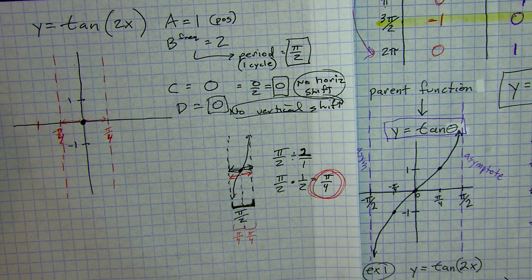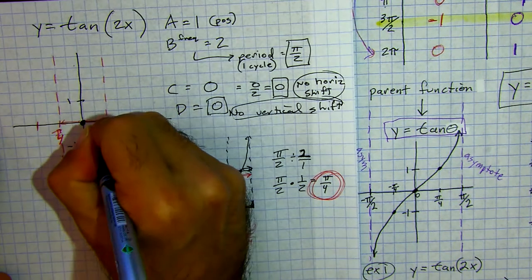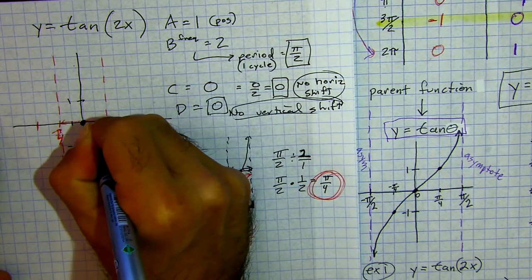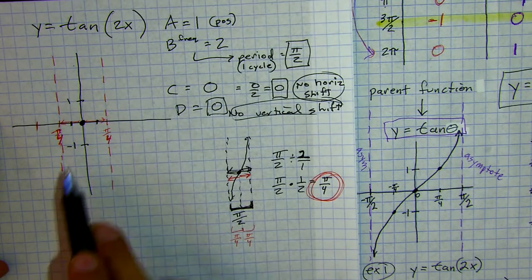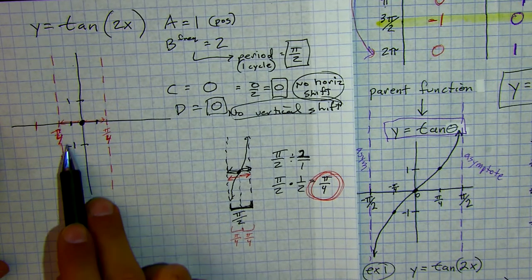So now I'm going to go ahead and make some marks halfway, because essentially we're breaking this into 4 different segments. There's the segment where it's coming up from the asymptote.